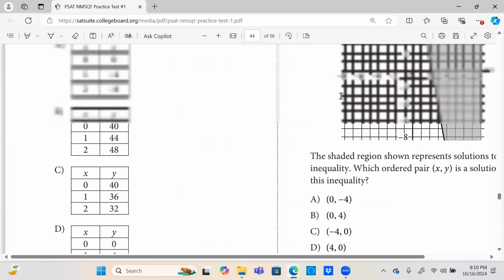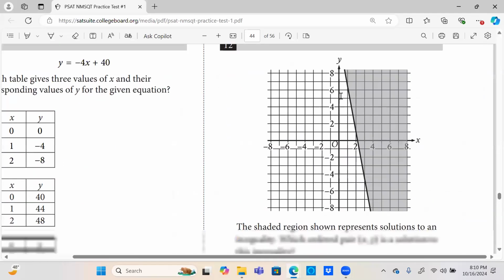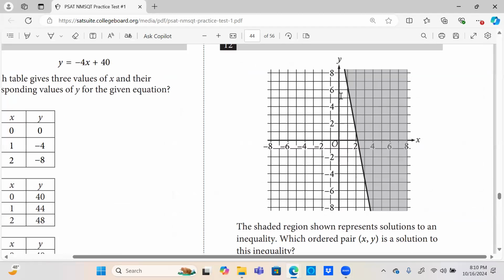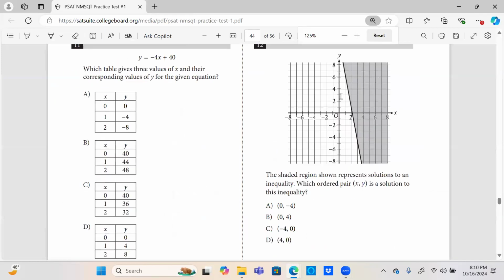Number 12. The shaded region represents the solutions to an inequality. Which ordered pair is a solution to this inequality? Okay, so anything in the shaded. So just go through the choices. 0, -4. So over 0, down 4. Is that in the shaded? No. 0, 4. Over 0, up 4.